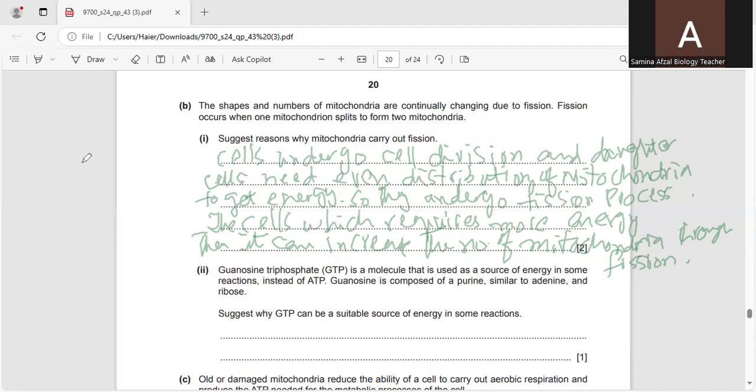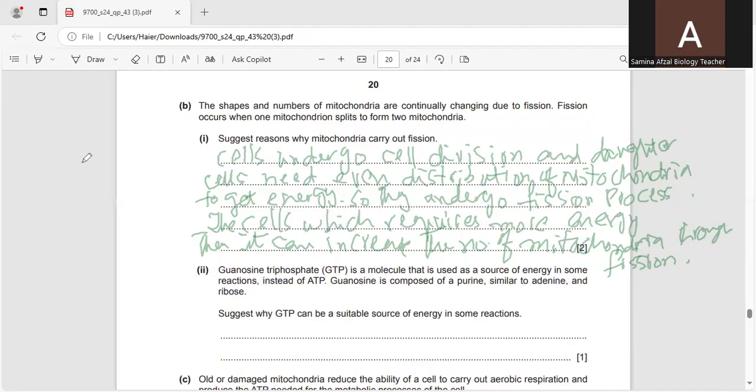GTP is involved in specific steps of metabolic pathways like the citric acid cycle. GTP hydrolysis can be coupled with other reactions to drive them forward. This energy coupling mechanism allows for efficient energy utilization within the cell.